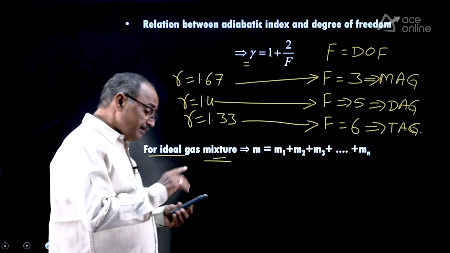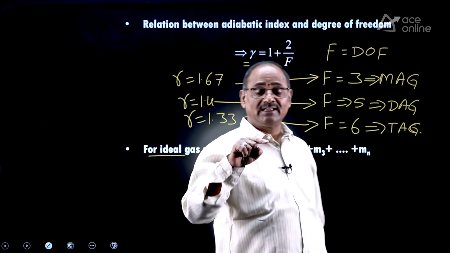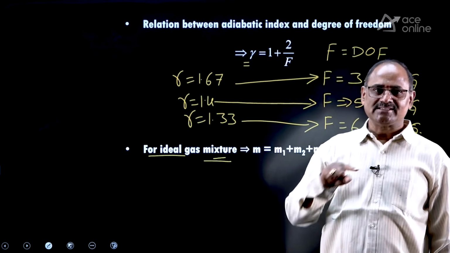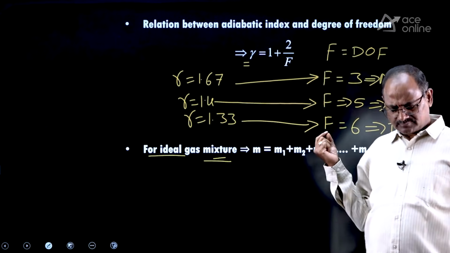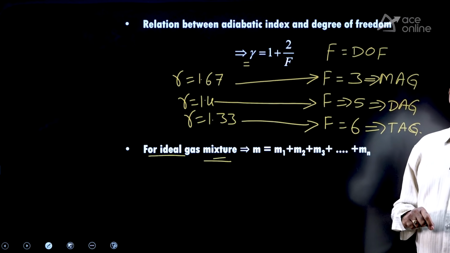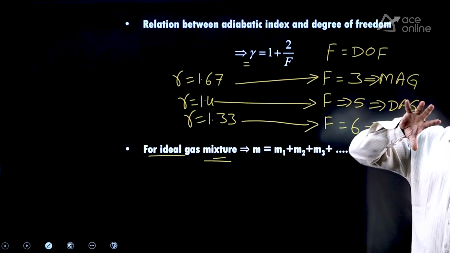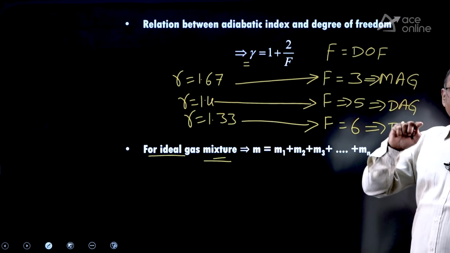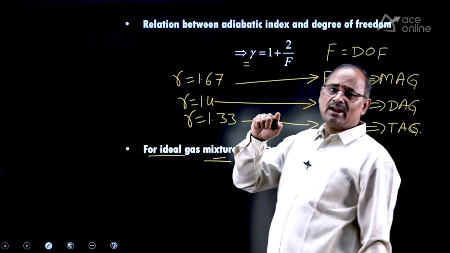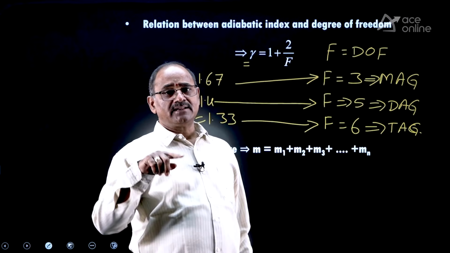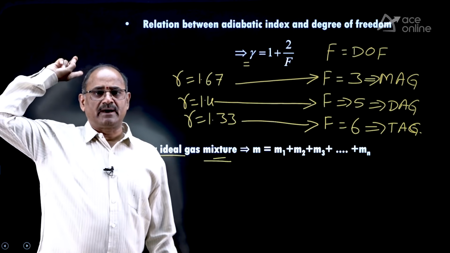That's why the mixing of kerosene with water is a heterogeneous mixture, whereas the mixture of water and milk comes under homogeneous mixture.